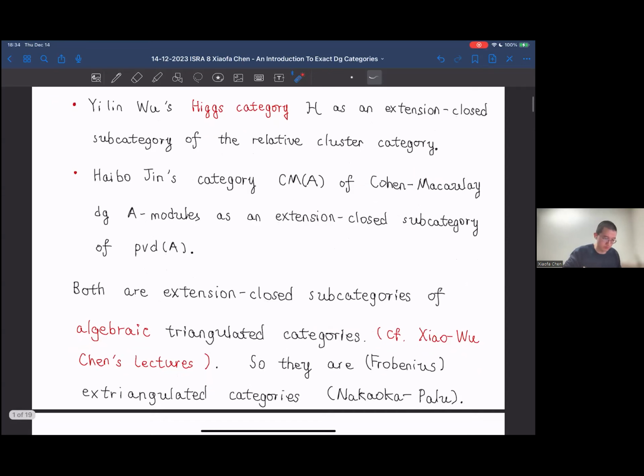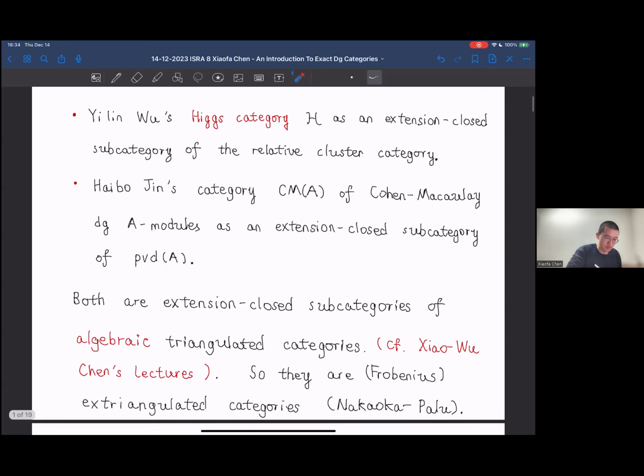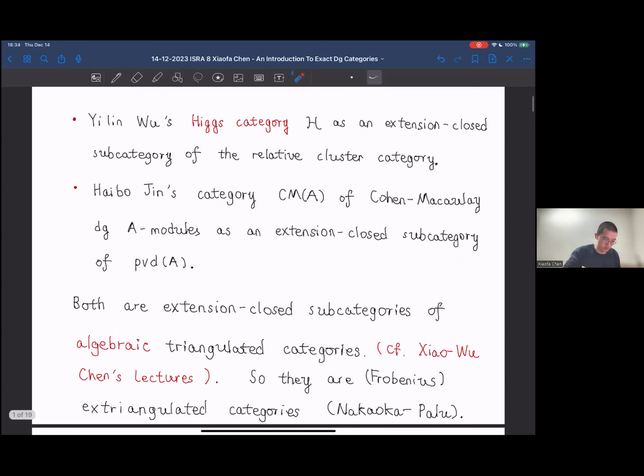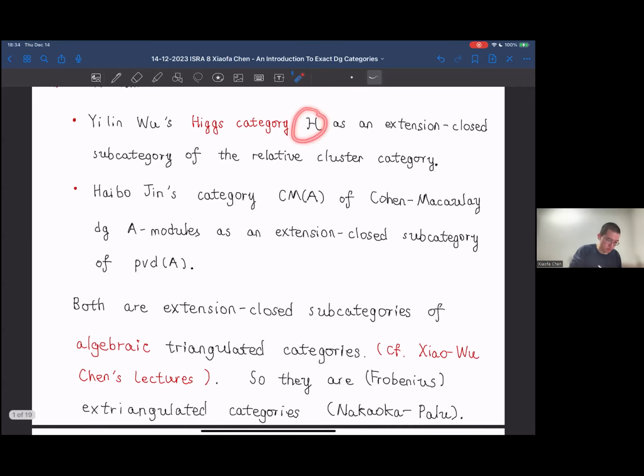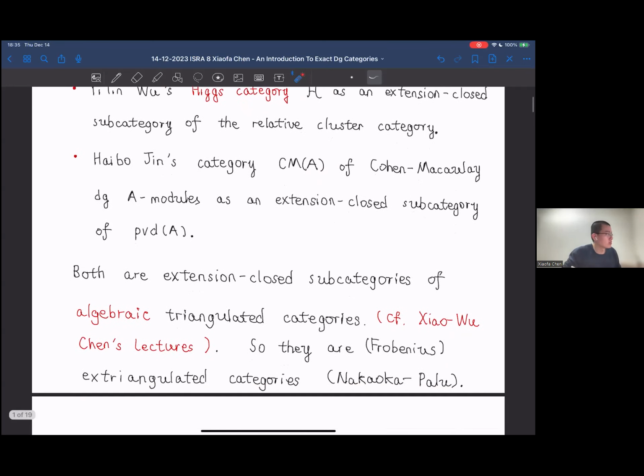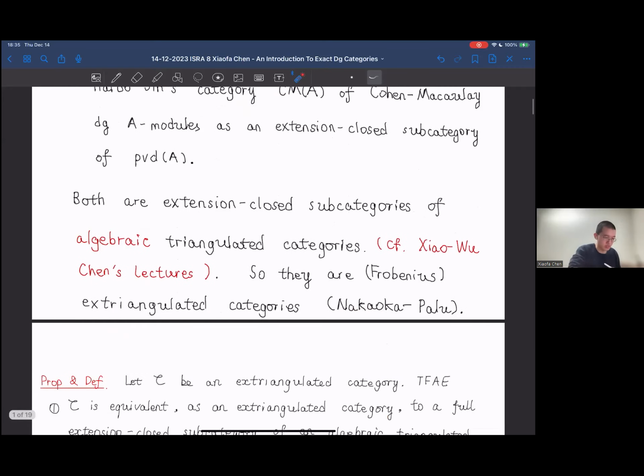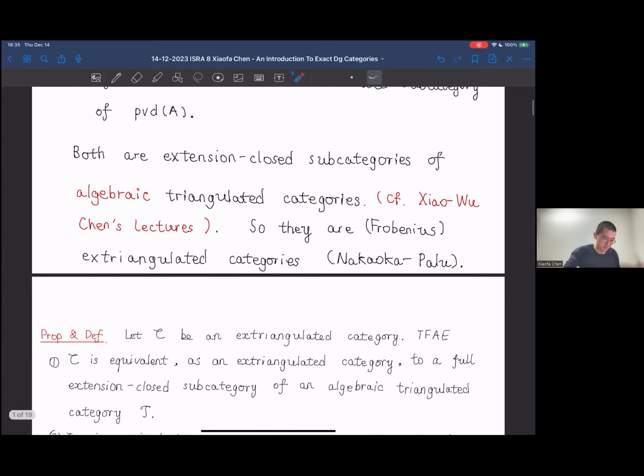And so these two categories, the Higgs category and the category of cohomological dg modules, are in the framework of extriangulated categories in the sense of Nakaoka and Palu, and they are moreover Frobenius. And our aim is to understand this class of examples. So before going on, let me give the definition of algebraic extriangulated categories.